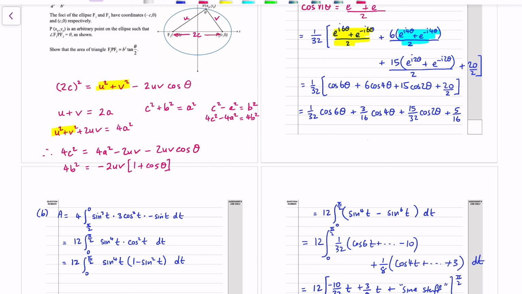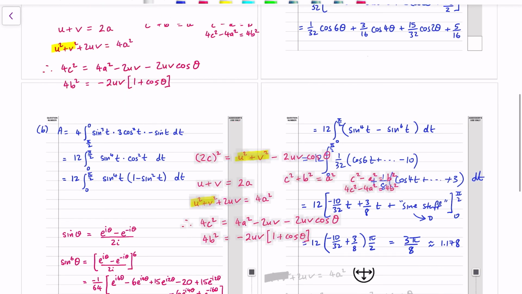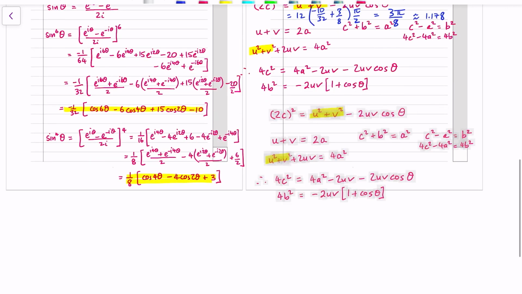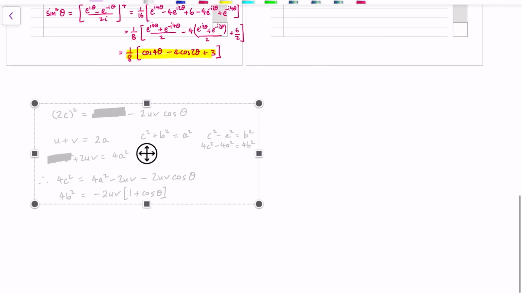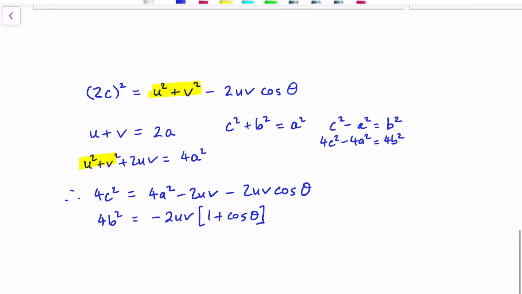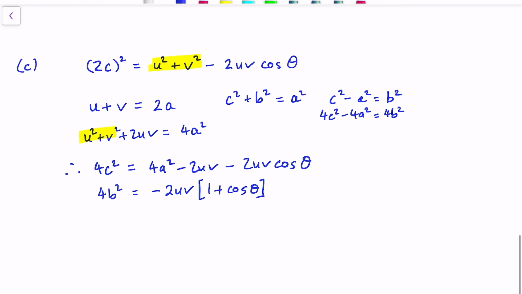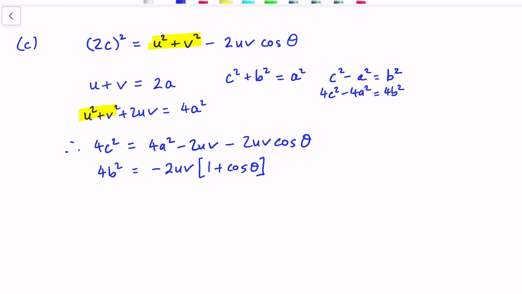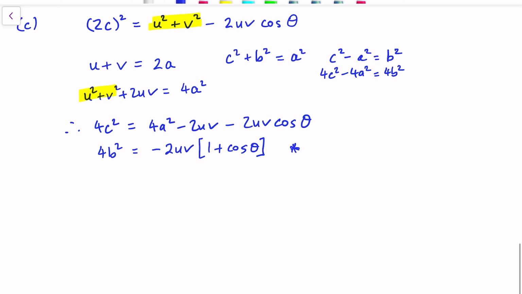Let's drag all this stuff down. Need a bit more space for this. Okay, so we were at a stage where we had this relationship here between the two sides u and v, the angle theta, and the value b for the ellipse.